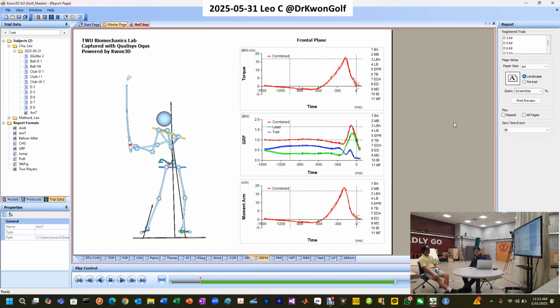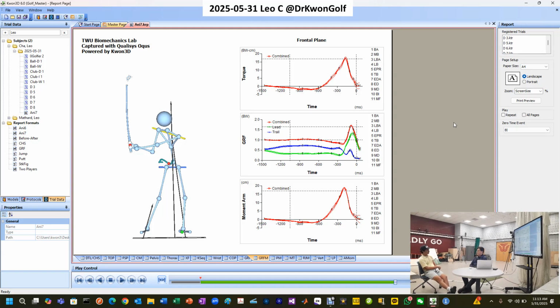But for the moment, based on the kinematic sequence information, try a little lighter. I think it's a bit too heavy for you. Or it could be just a matter of your swing technique. Yeah, you have to learn how to release the club. If you can do that, then even with the current one, you can increase the speed a lot more.